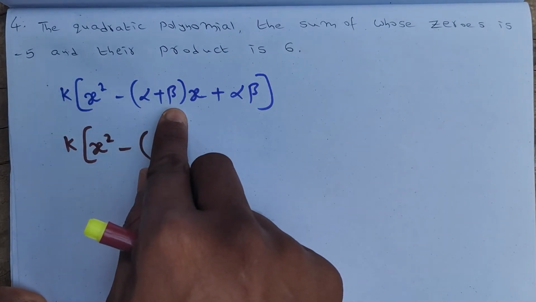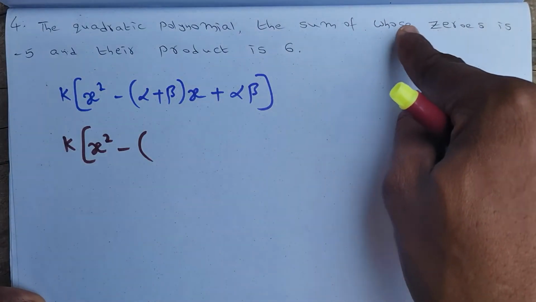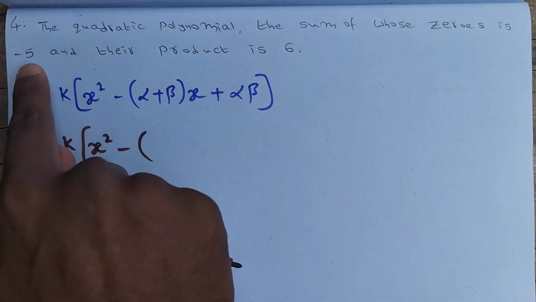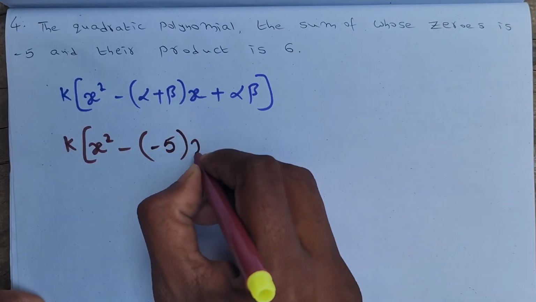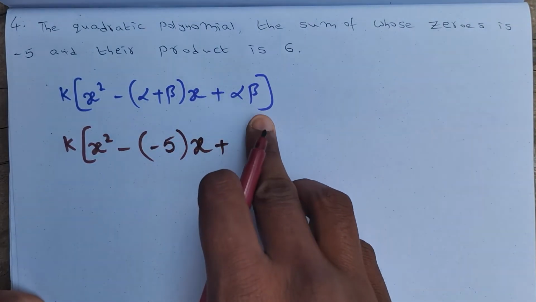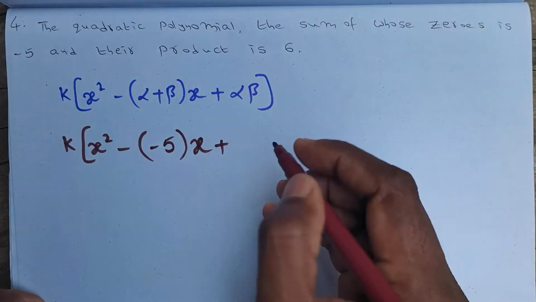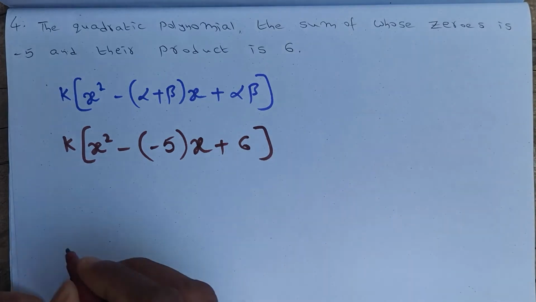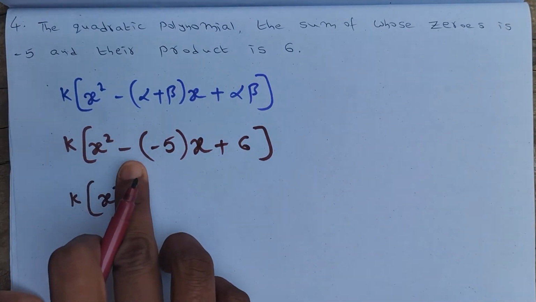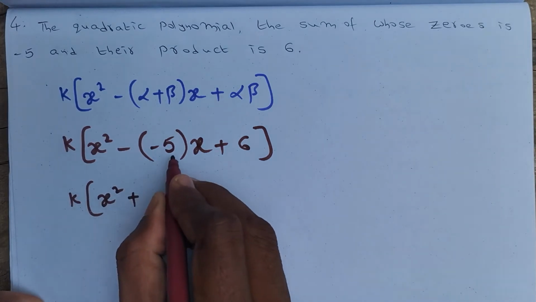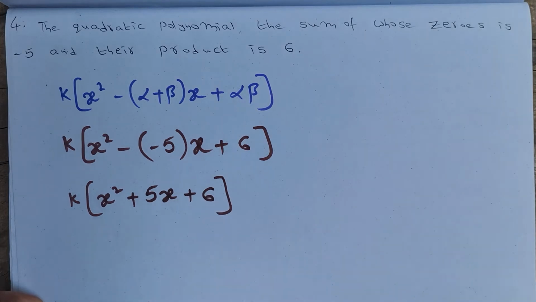alpha plus beta, sum of the zeros, sum of whose zeros is minus 5. So in the place of alpha plus beta, minus 5 into x plus alpha beta, product of the zeros, their product is 6. So now k into x square minus into minus plus 5 into x, 5x plus 6.